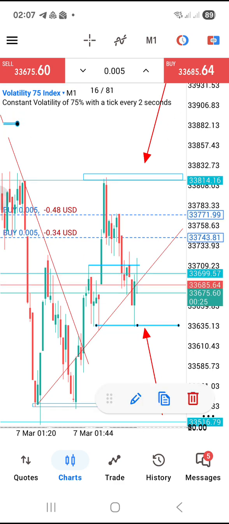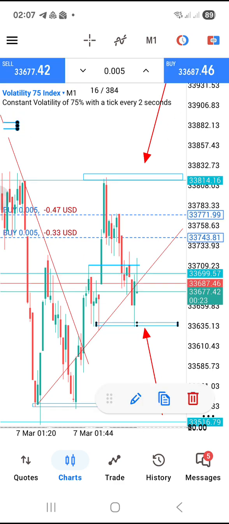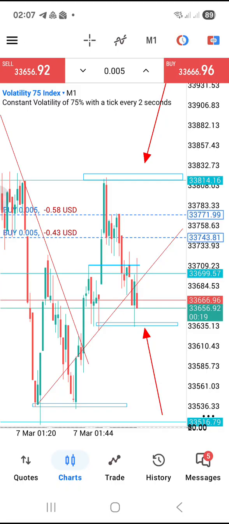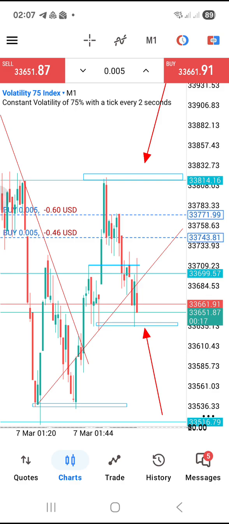Look at this. There's a double bottom here. More like taking out liquidity.